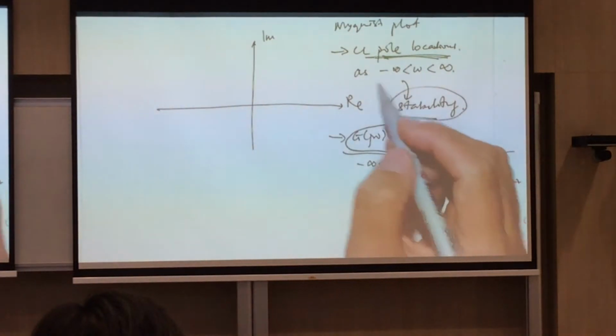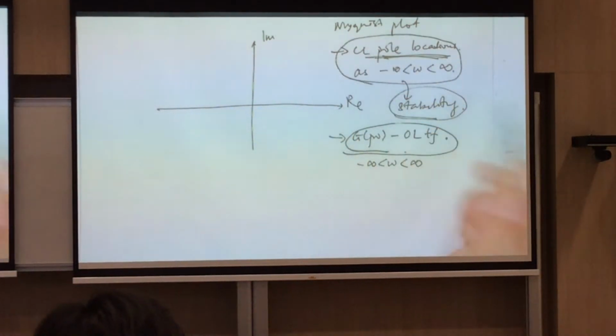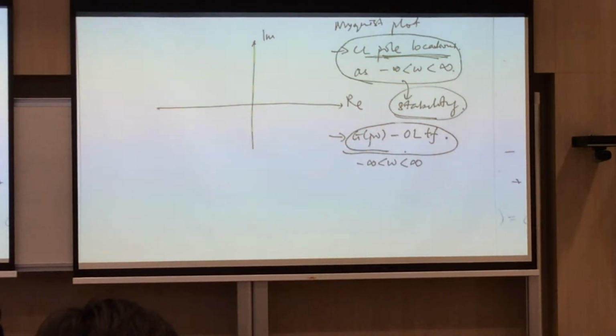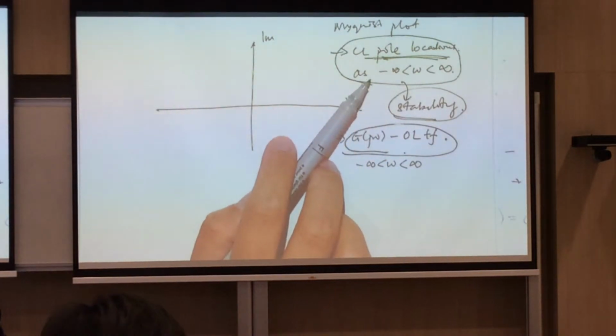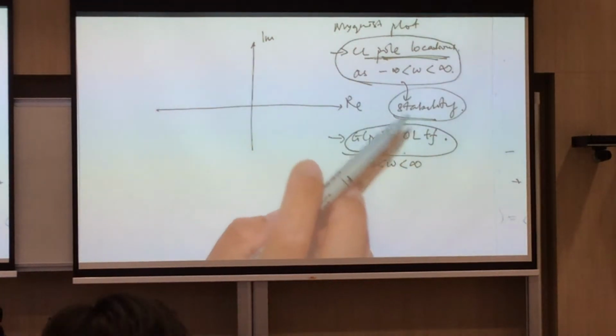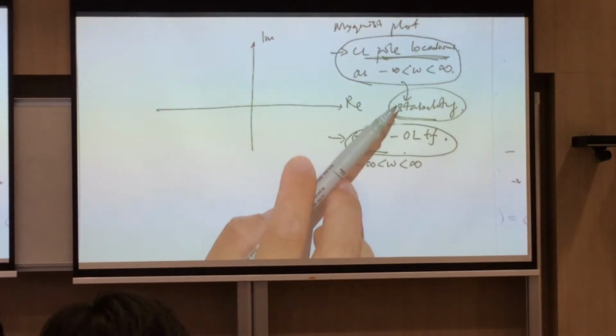And from that, you know something about the closed loop pole location, because you know something about the behavior. Alright? So that's the strength of using a Nyquist plot: you can tell about the stability of the system and also how the closed loop poles will behave.